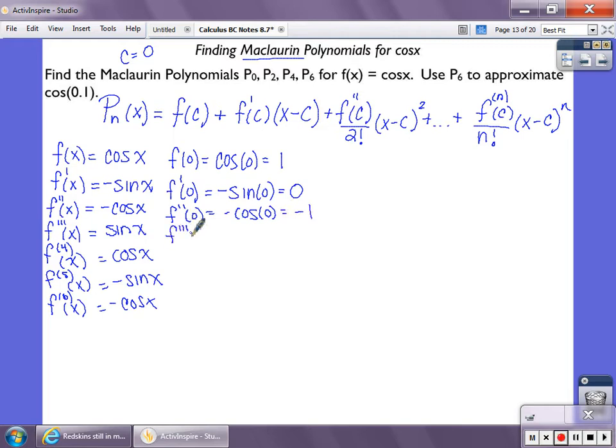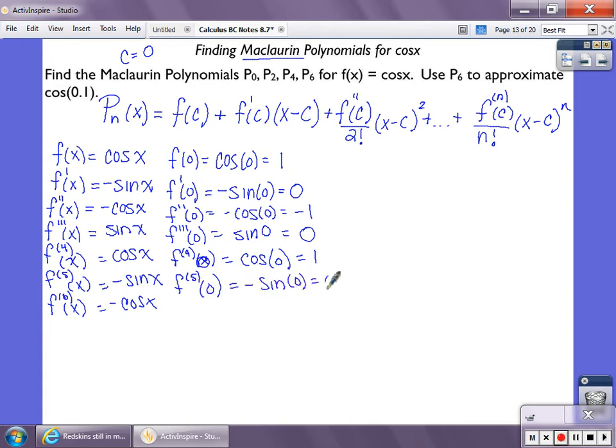The third derivative of 0 is the sine of 0, which is 0. The fourth derivative of 0 is the cosine of 0, which is 1. The fifth derivative evaluated at 0 is negative the sine of 0, which is 0. And finally, the sixth derivative evaluated at 0 is going to be negative the cosine of 0, which we know is negative 1.